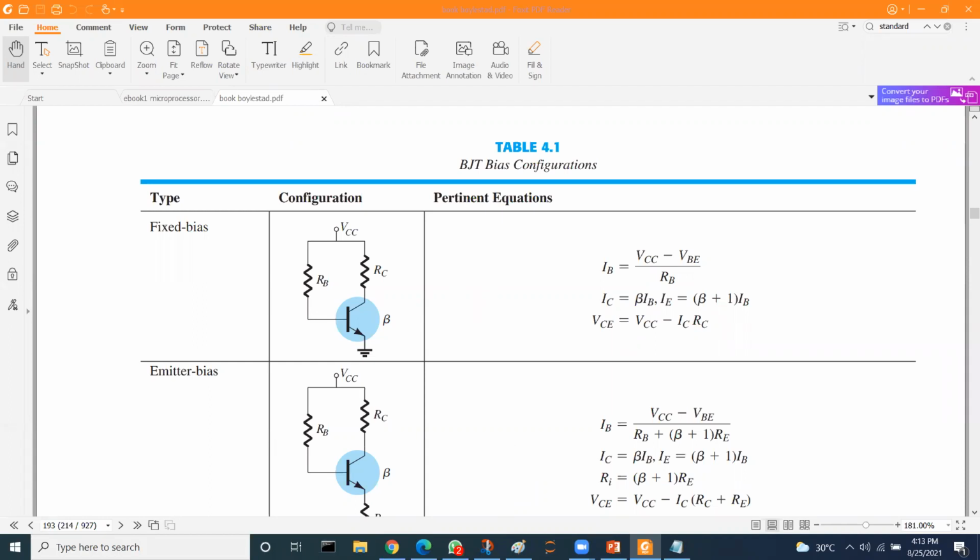So in our last session we are discussing the fixed bias circuit.